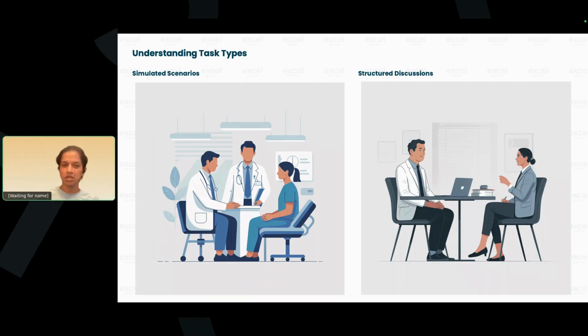If it's a simulated patient task, I would not suggest that you take a moment in the 10 minutes time, because you're anyway quite restricted. But in a structured discussion, typically it's possible to finish in even 8 minutes. So in that case, you can ask for more time. All right. And that's about structured discussions and simulated patient.